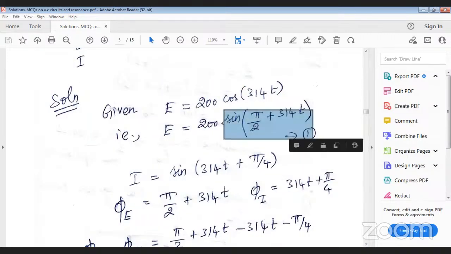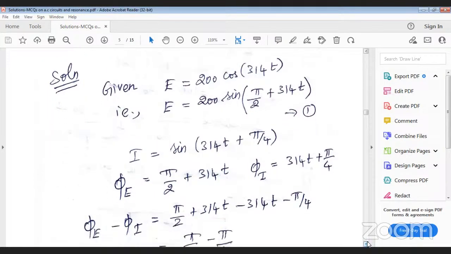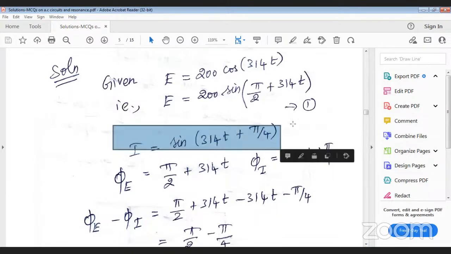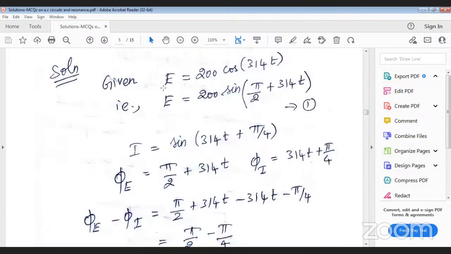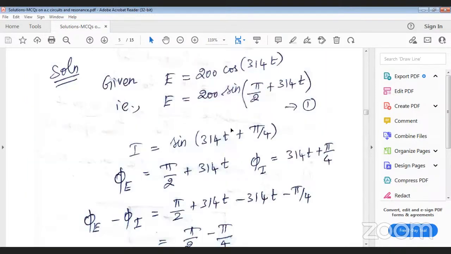So E equals 200 sin(pi by 2 plus 314t), and I equals sin(314t plus pi by 4) is the given equation, and this equation E we have converted into sinusoidal form. So here, what is the value of phi E?